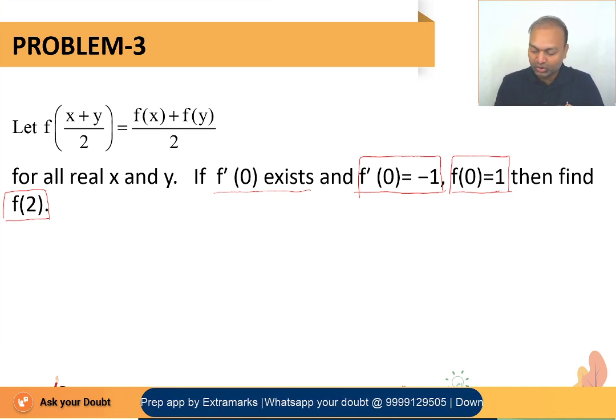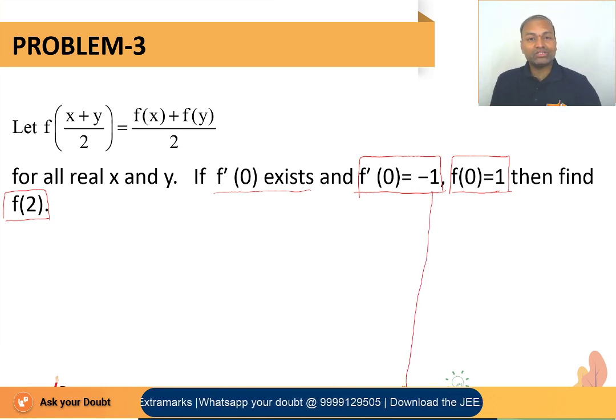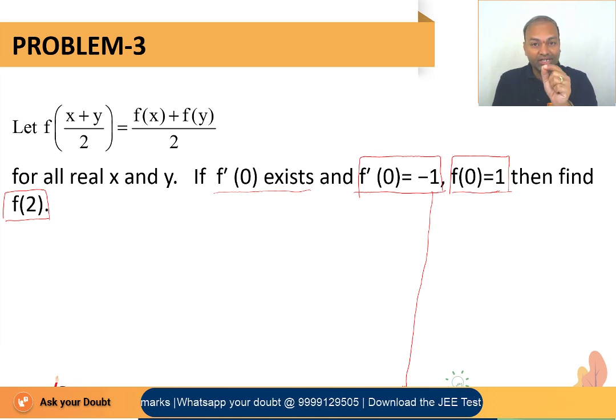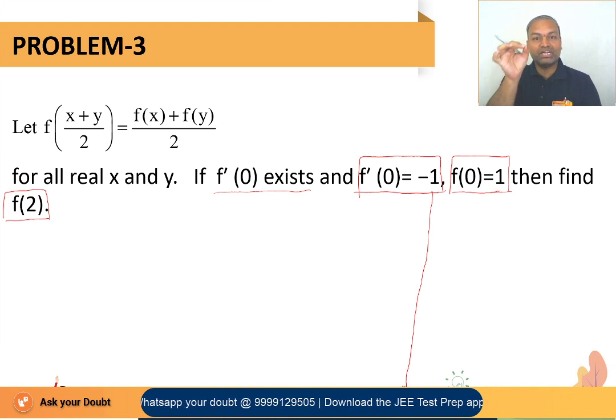Before solving this question, see here, I am writing a few simple formulas. In 11th standard, in the chapter on differentiation, the first principle is there. What is the first principle formula?